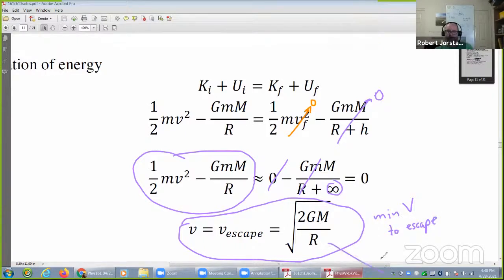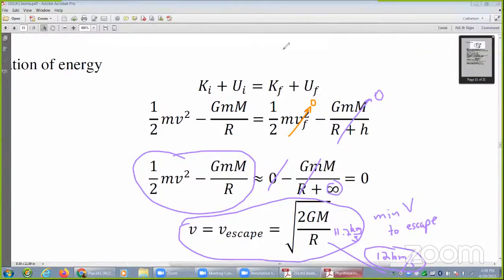For example, pretend this number comes out to be 11.2 kilometers per second, and then I want to redo this problem with 12 kilometers per second. What would be different? If I used a speed larger than the minimum, how would that affect the work up above?